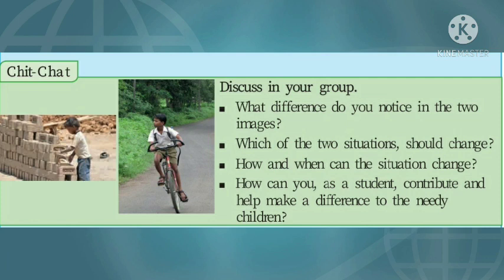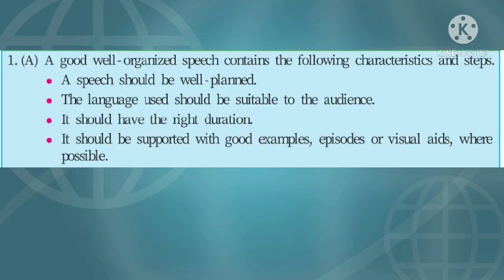Under that, number 1, the first activity. A good, well-organized speech contains the following characteristics and steps. A speech should be well planned. Then the language used should be suitable to the audience, and it should have the right duration.